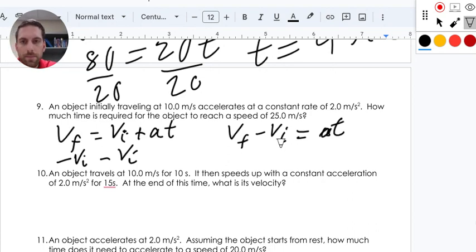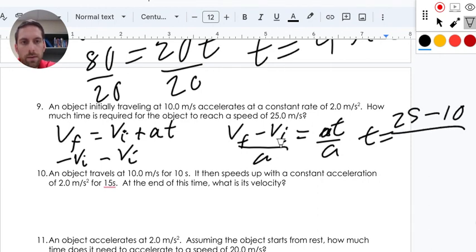Here we want time, so we divide out a because that's a multiplication. Then time equals change in v over a. V final is 25, v initial is 10, a is 2. So time equals 15 over 2 equals 7.5 seconds.